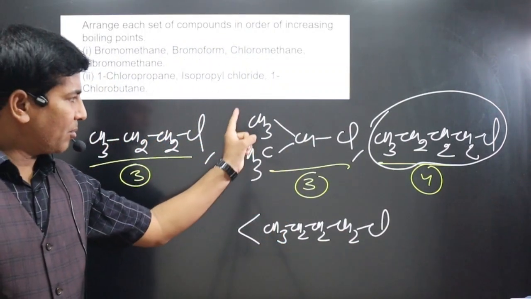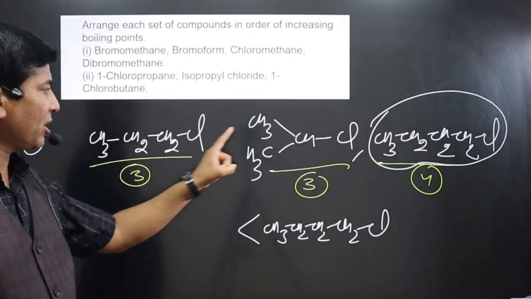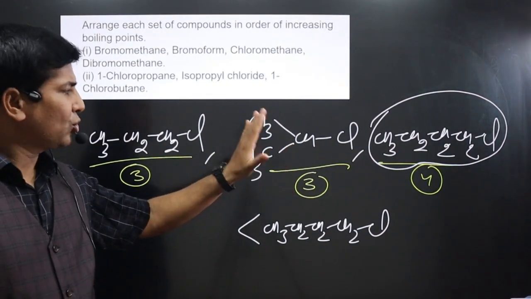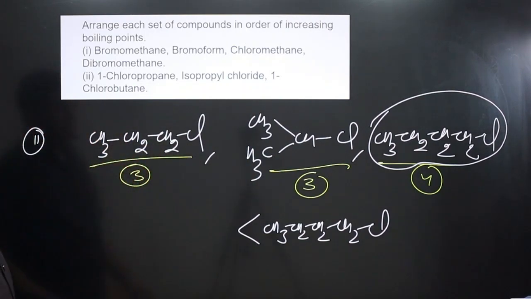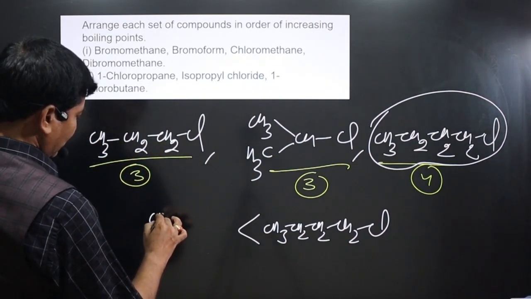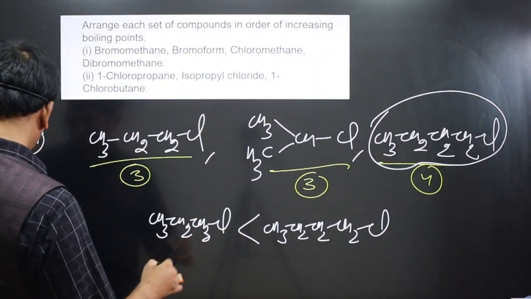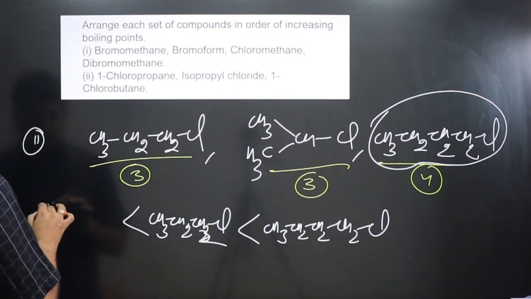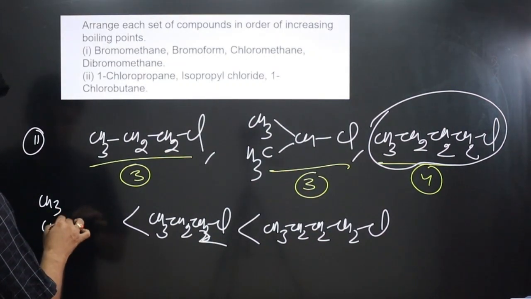In these two you can see the number of carbons is the same, 3 carbons, 3 carbons. But one is a straight chain, and the other is branched. In the branched case the surface area is less, so it will have the lowest boiling point, and the straight chain 1-chloropropane, CH3CH2CH2Cl, comes in the second position. In the last we have isopropyl chloride, CH3, due to the branching.